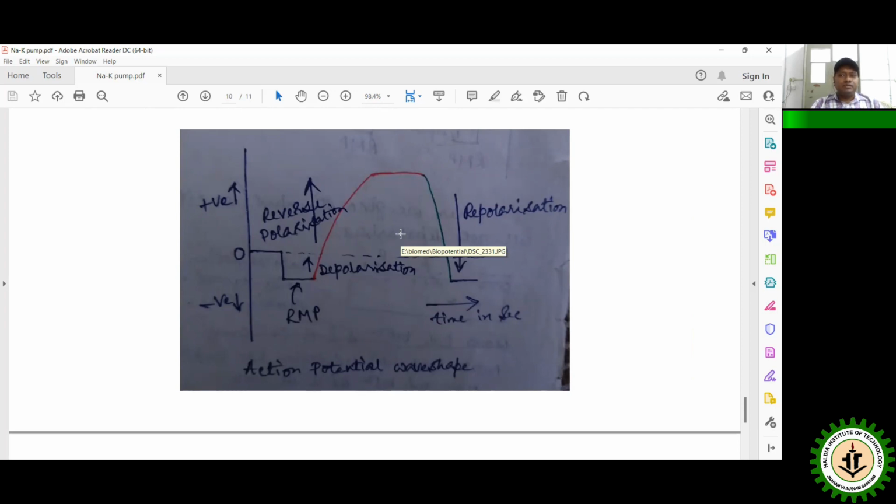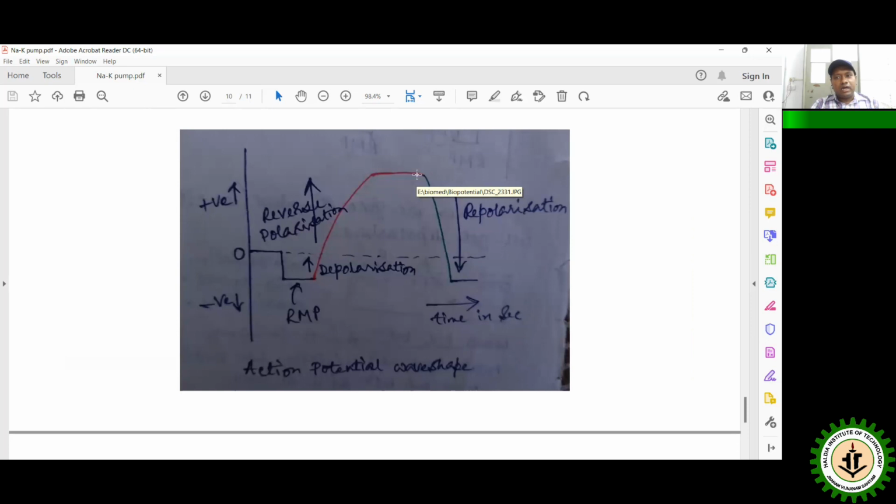As we know, in nerve cells the speed or velocity of the ions is faster than in muscle cells. So the ions will require less time to travel from one point to another point. So this time will be less.